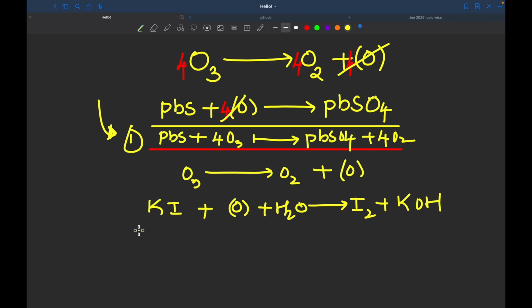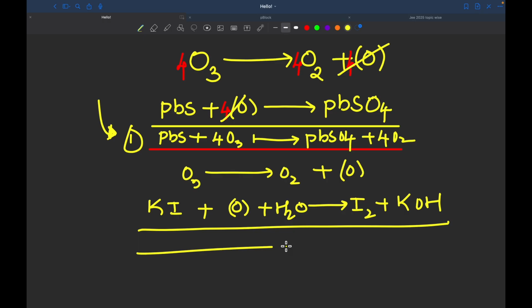So we try to balance this too. How can we balance this? Can you help me here? 2 moles of potassium, 2 moles of KOH. Hydrogens are 2, oxygens are 2. Is it balanced? Yes, balanced. So we'll cancel out these nascent oxygens, then I'll write the final reaction.